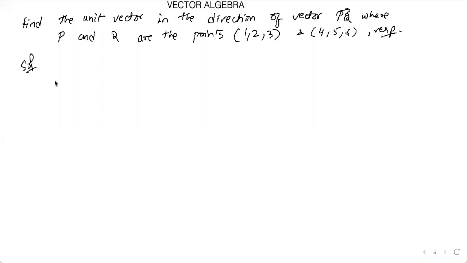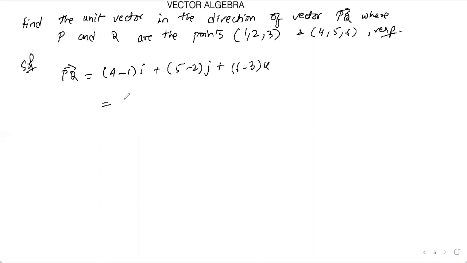So let us solve this. First, let us find PQ. So PQ will be the position vector of Q minus the position vector of P. So that is 4 minus 1 into i plus 5 minus 2 into j plus 6 minus 3 into k.